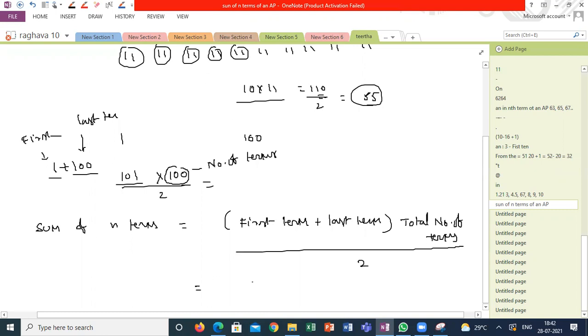So if the first term is A, the last term is L, and the total number of terms is N, instead of writing small n, I am representing the total number of terms with capital N. Capital N by 2 into A plus L is the sum of n terms.